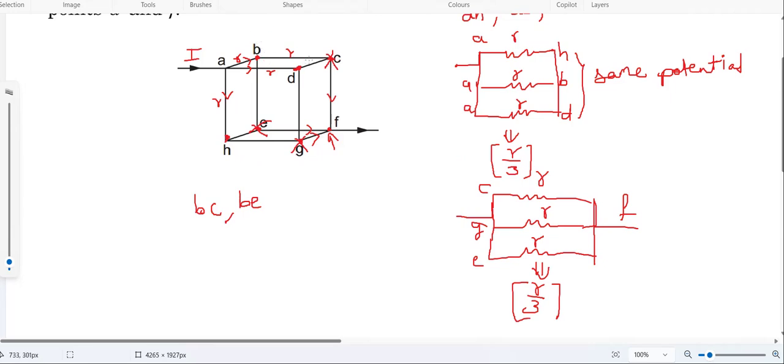In the second step, we have DC, BC, BE, and so on. If you take A, AD is already done. So DG, DC, then take H, HG, HE. We covered all the branches. These are six. 6 plus 6, 12.